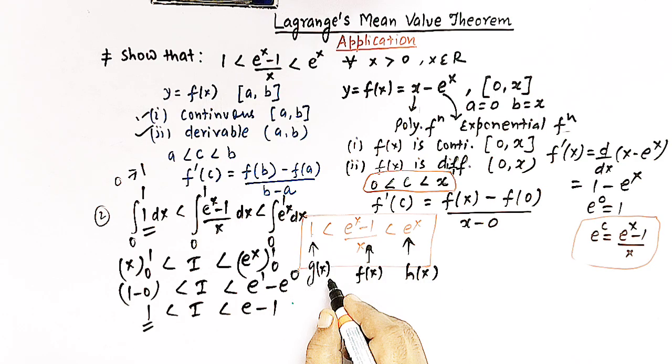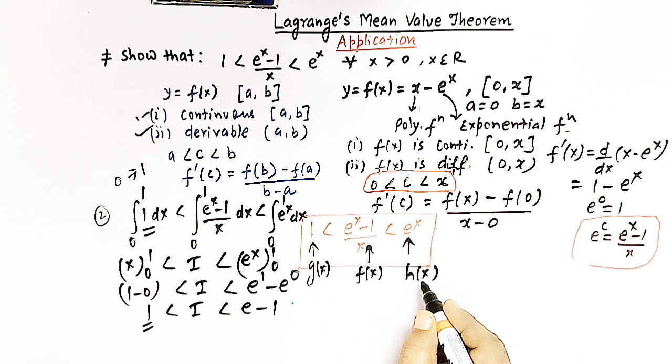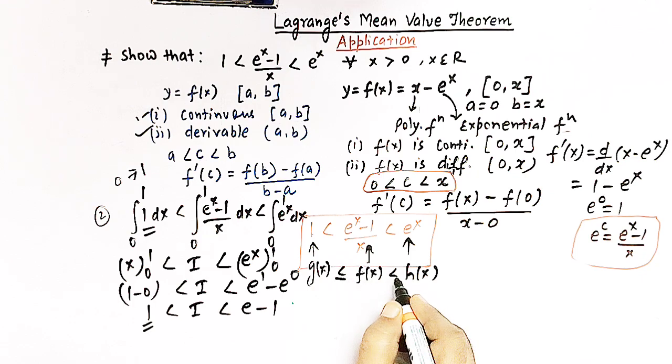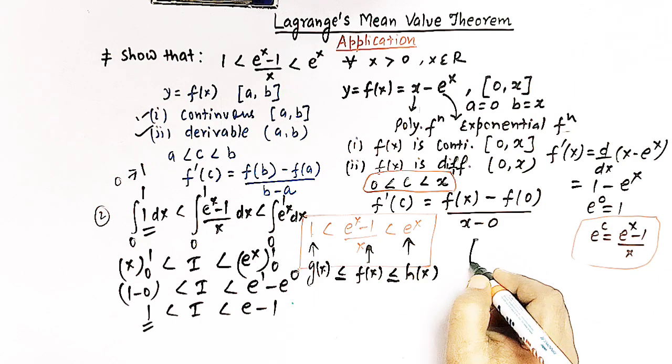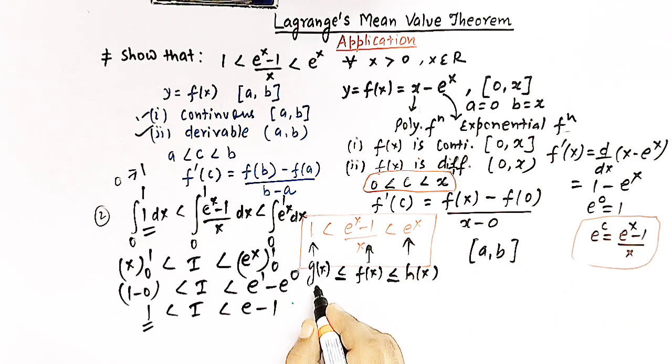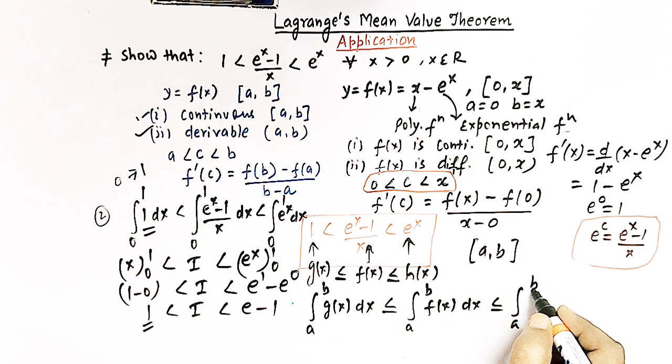So the properties of definite integrals say that if we have three functions g of x, f of x, and h of x satisfying this inequality in some domain, say a comma b, then the integral from a to b of g of x dx is less than or equal to the integral from a to b of f of x dx, and this is further less than or equal to the integral from a to b of h of x dx.